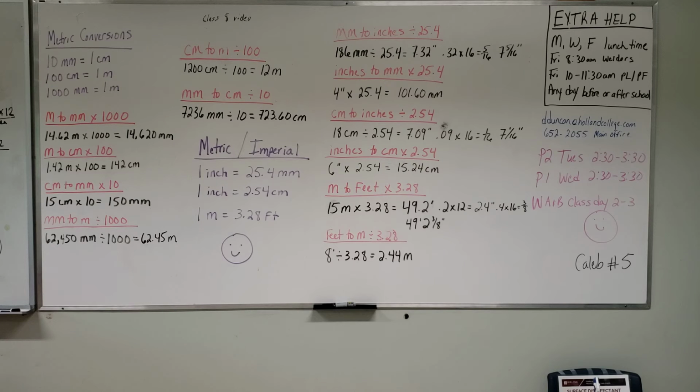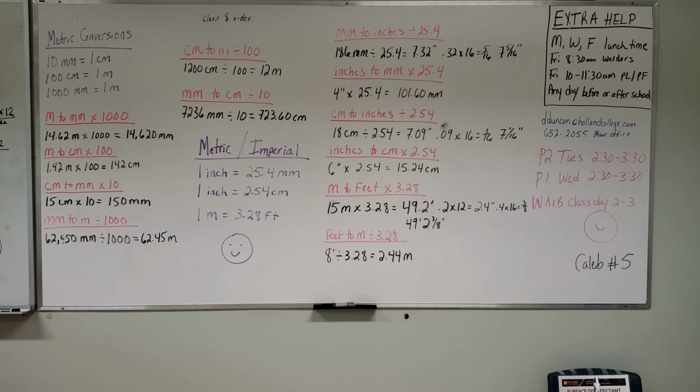Centimeters to inches. So 18 centimeters, divide by 2.54, 7.09 inches. We know we have 7 inches, and you know how to take that decimal and make it a 16th. That ends up being 1/16. So 18 centimeters converts to 7 1/16 of an inch.